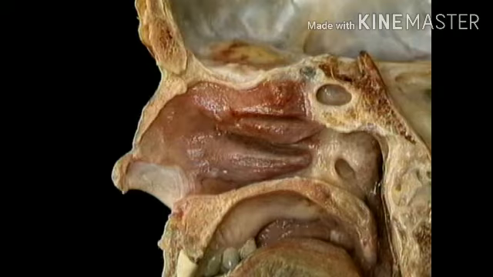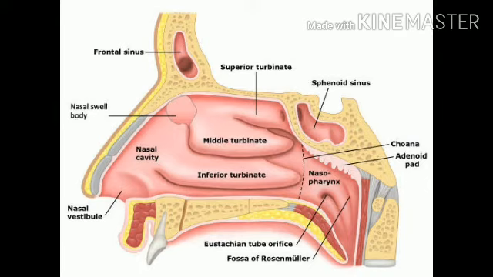The inferior concha is a separate bone. All conchae project medially from the lateral wall of the nasal cavity, creating a streamlined flow of air and providing a longer surface area for humidification of inspired air.